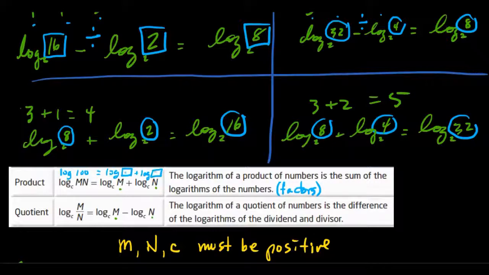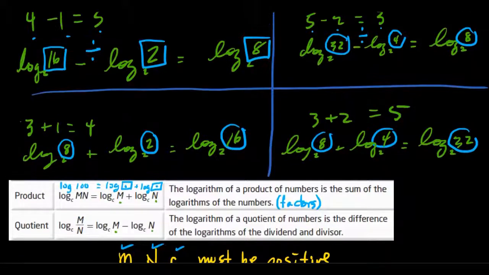So that's 50 and 2, or that's 10 and 10, right? 25 and 4. All of that adds up. So you can check that out, and of course here's the quotient rule, similar. Now m, n, and the base c all must be positive, which we'll explain in a future lesson.